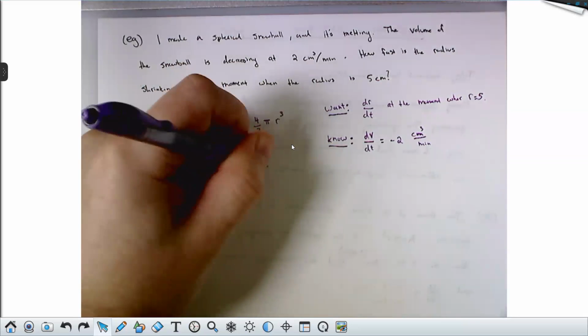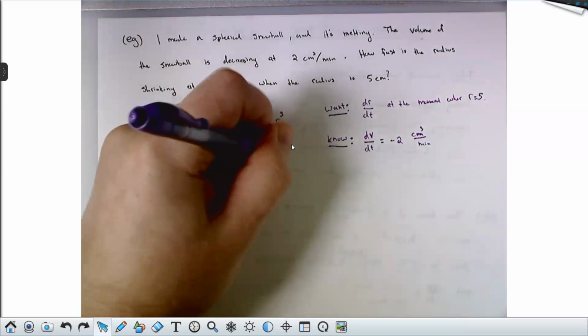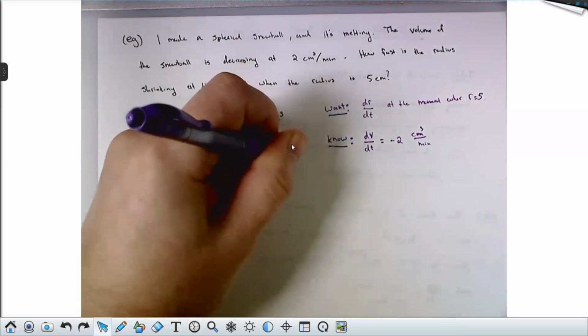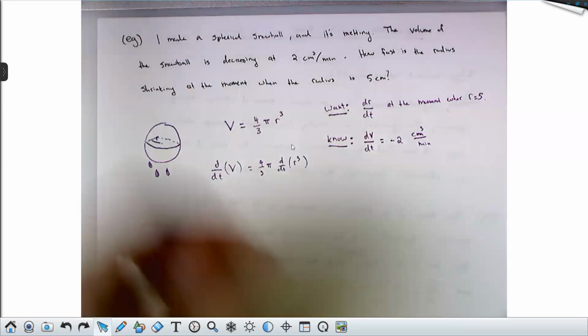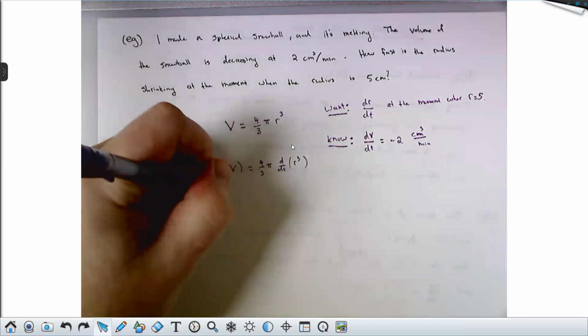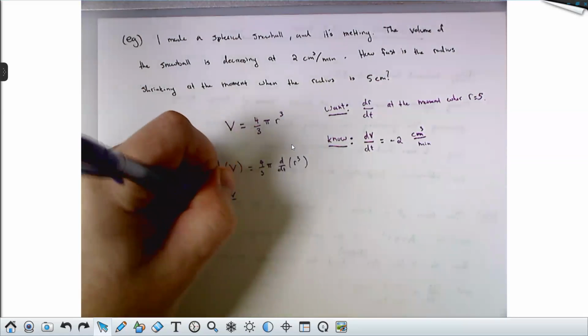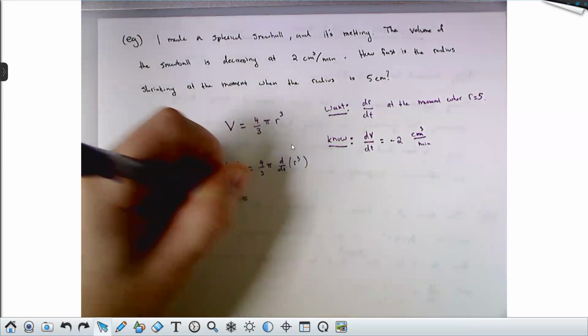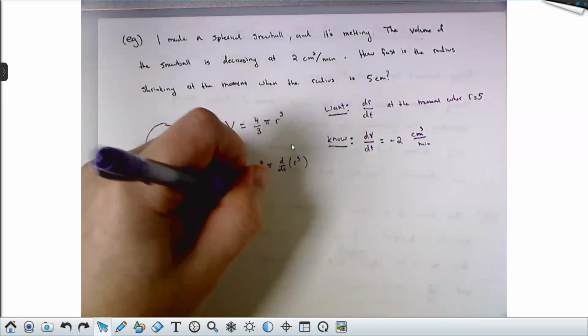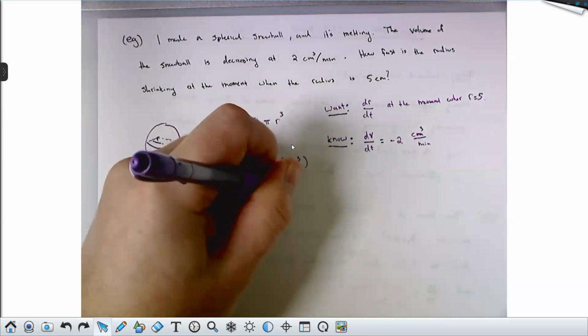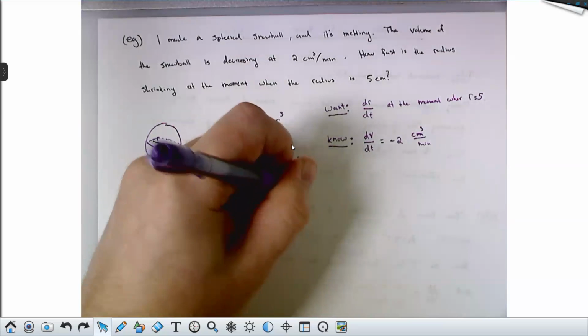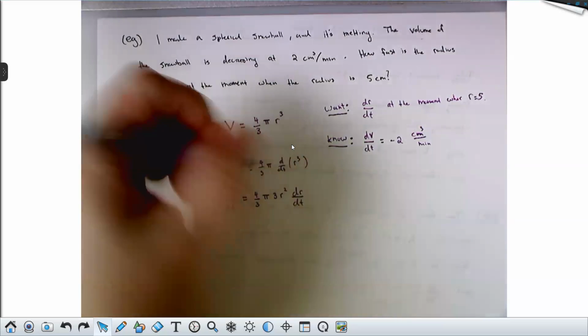I'll pop out the 4/3 and the pi. d dt of V is dV dt. And on the right-hand side, I have 4/3 pi times 3r squared times dr dt.